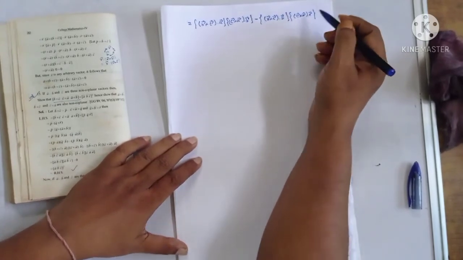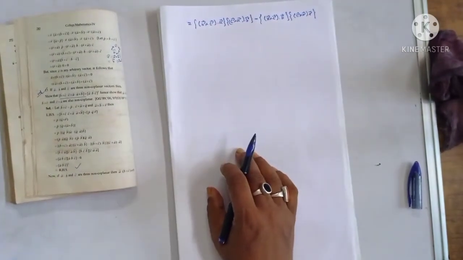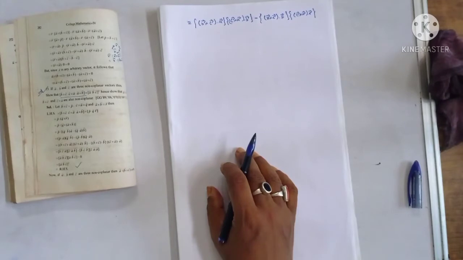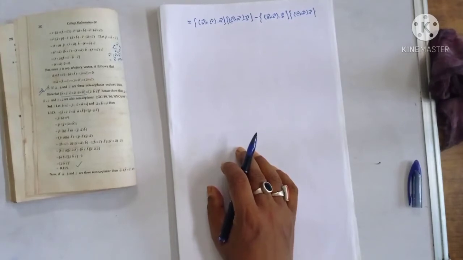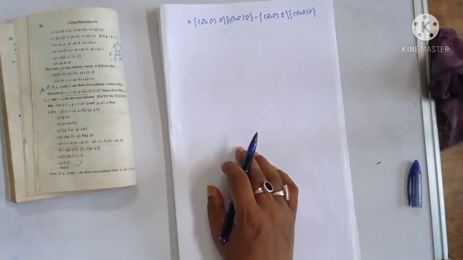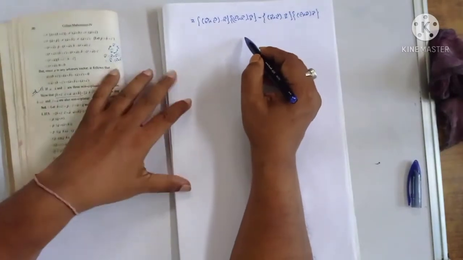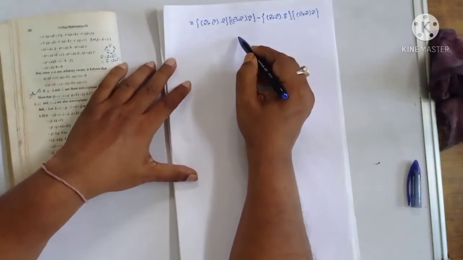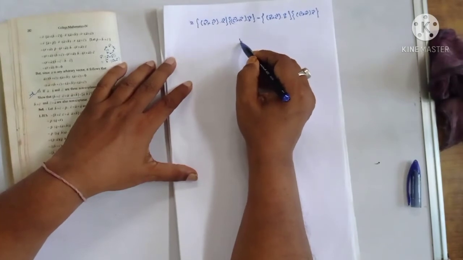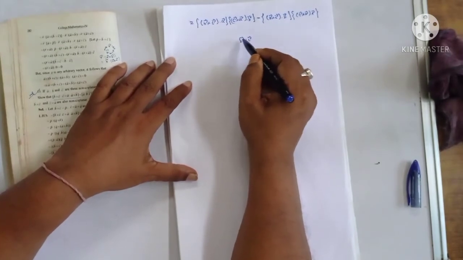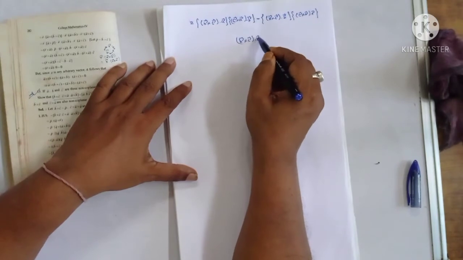Now you can see one thing, that is your B vector cross C vector dot B vector.